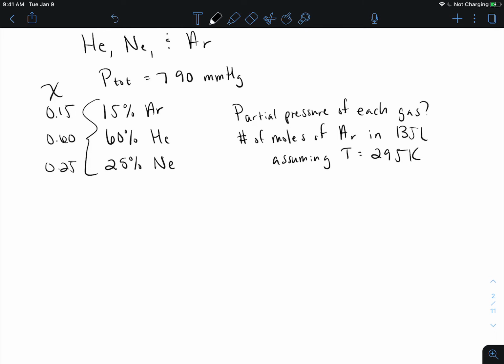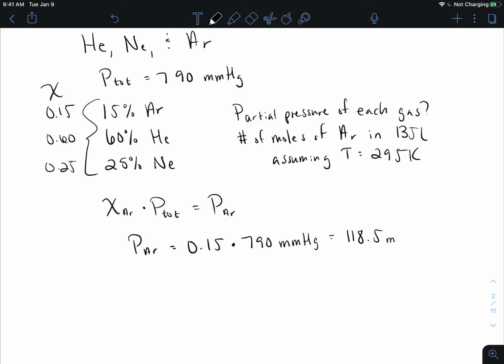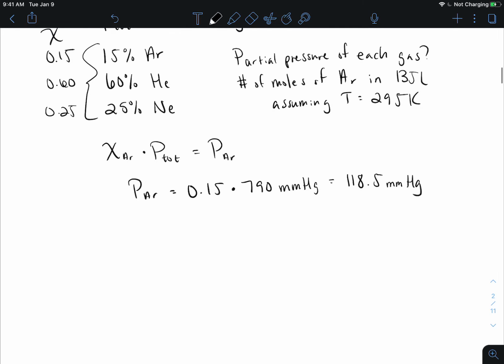So we take our mole fraction times our total pressure. Our mole fraction of argon times our total pressure will give us our partial pressure of argon. So let's go ahead and do that. 0.15 times 790 millimeters of mercury gives us 118.5 millimeters of mercury for the partial pressure of argon.